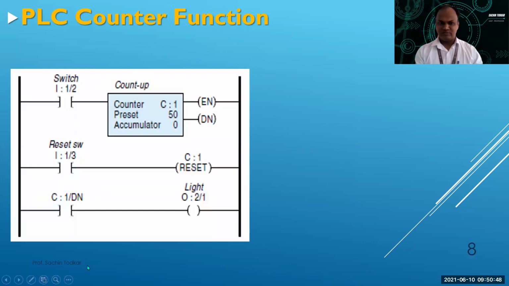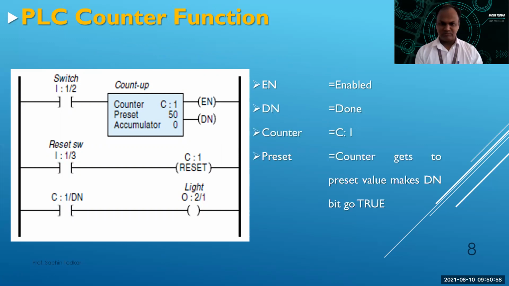We will see a counter function here with the help of this diagram. Here it is counter C is equal to 1. Same EN, DN, counter C is equal to 1. Preset is here, counter gets preset value makes DN bit go true. So done will be true. Accumulator holds the value of current count.